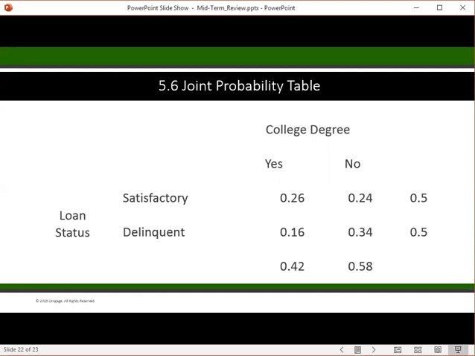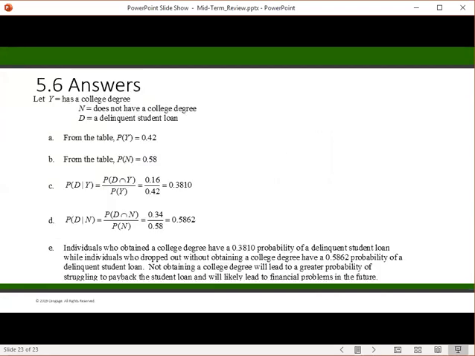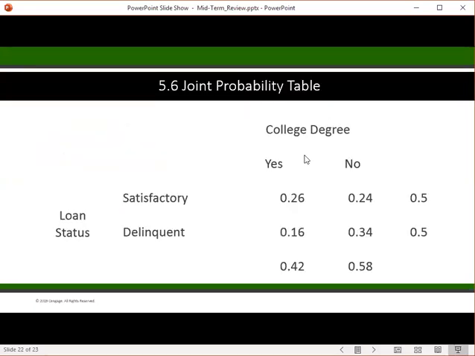So the first one, A, is what is the probability that a student with a loan had received a college degree? So here we're looking at, did the student receive a college degree? So that probability is going to be a marginal probability, and it's going to be the marginal probability for the column yes.